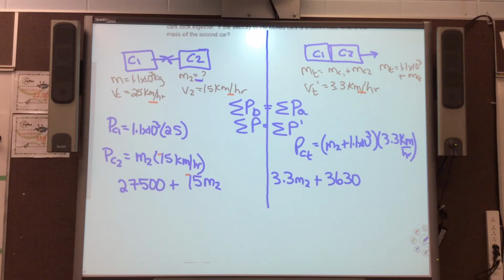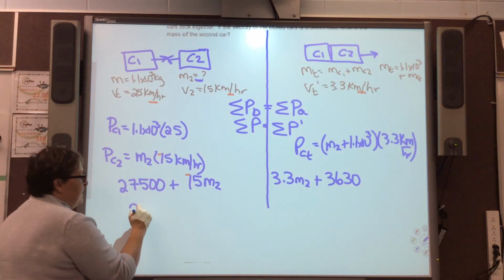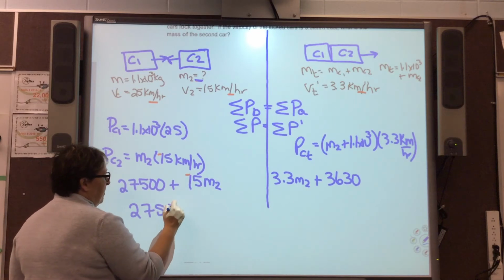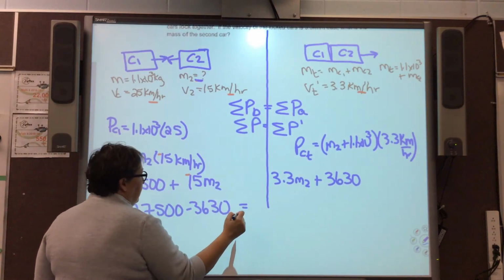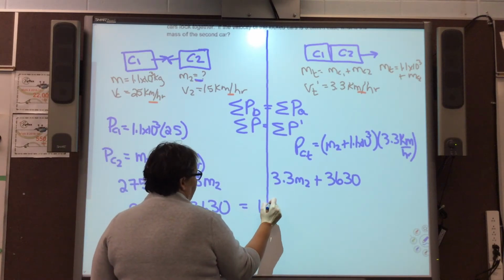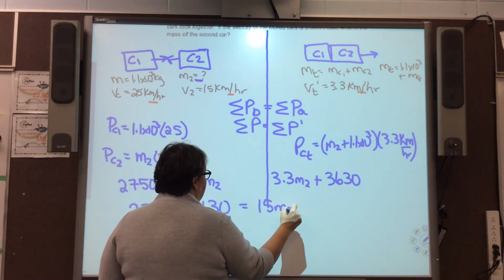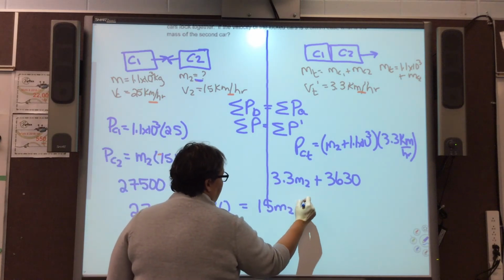M2. Okay. So when we isolate this, we're going to have 27,500 minus 3630 is going to be equal to 15 m2 because I'm bringing this over.